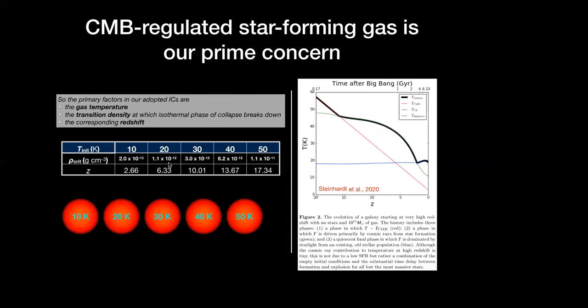These are the values at which we expect the transition from isothermal to adiabatic to happen, and all of them represent the temperature assigned by the CMB to each sphere. On the right, you can see how to estimate the CMB contribution in terms of the minimum temperature that is available for the star forming gas when it is collapsing.